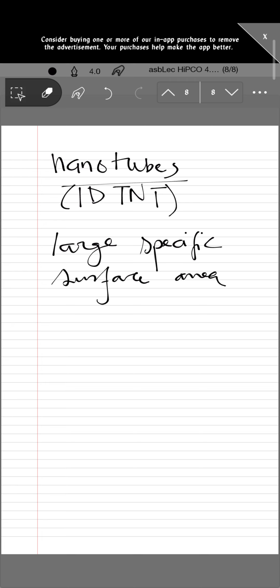That is surface area per gram. When we are talking about anything specific, with the prefix specific, we mean per gram.